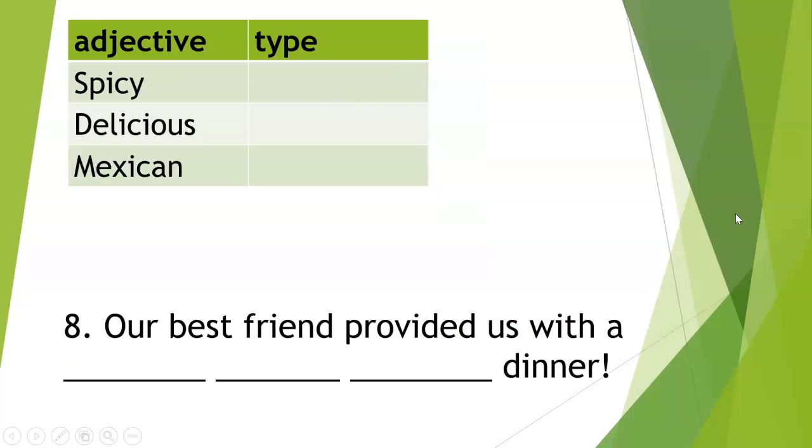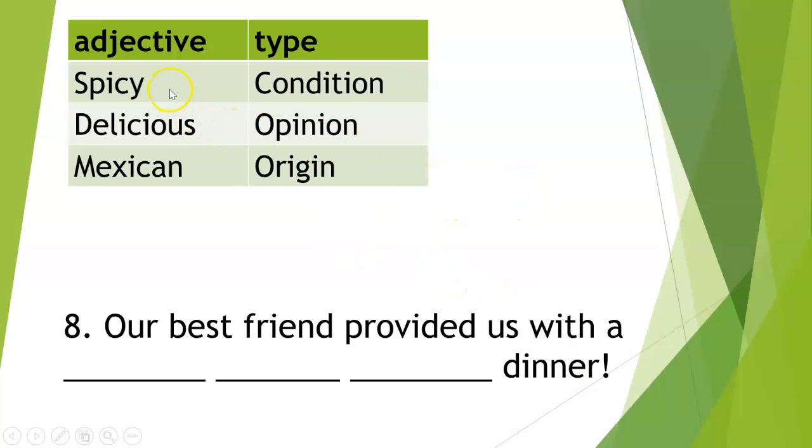Okay, let's go on to number 8. So we've got spicy, delicious, Mexican. Our best friend provided us with a blank, blank, blank dinner. So let's take a look at what these are. Spicy is condition, delicious is opinion, Mexican is origin.